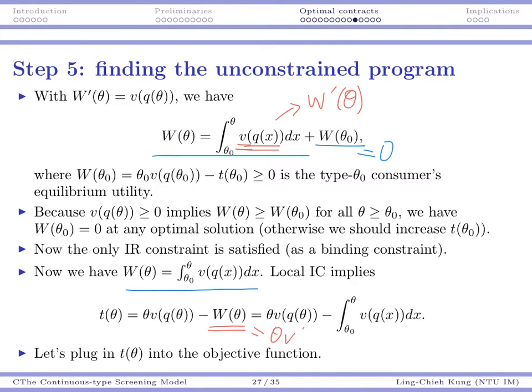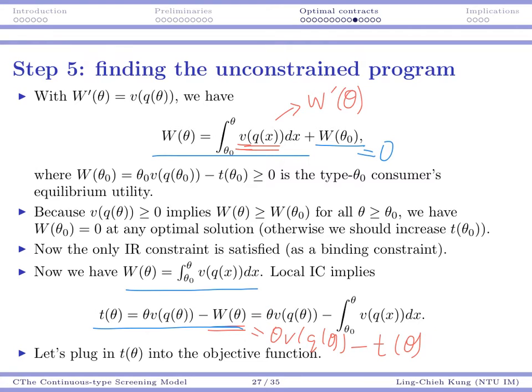So what you get here is just by definition. You flip the signs from here to here, and then you replace W of theta by what you just derived. So at any optimal solution, your T should be a function of Q in this way.